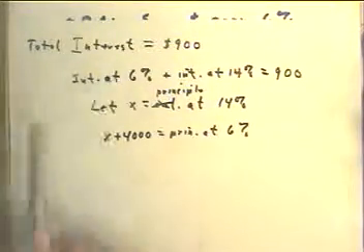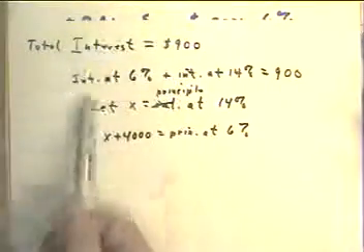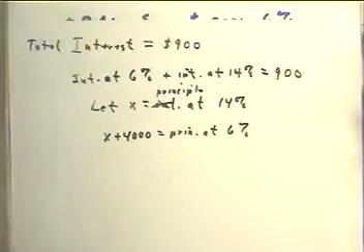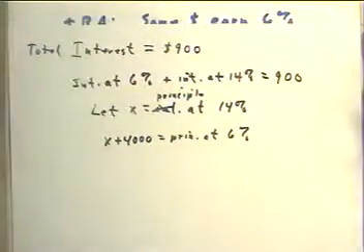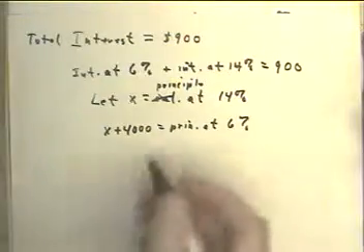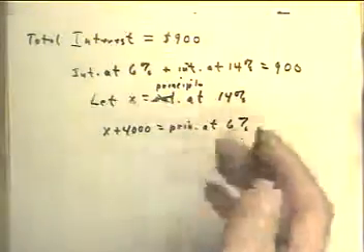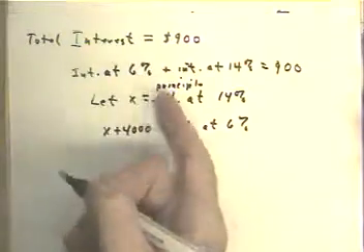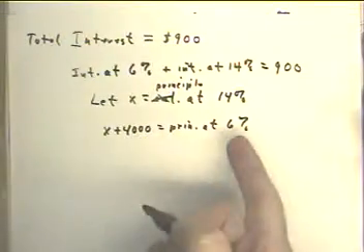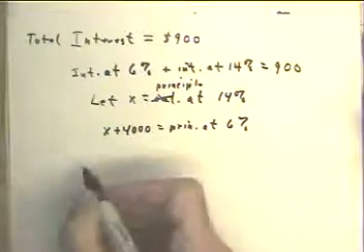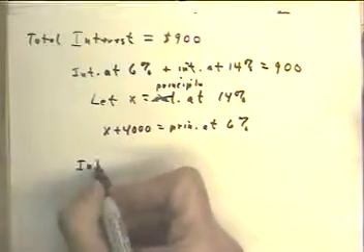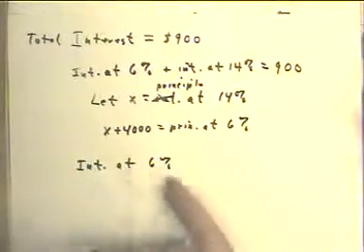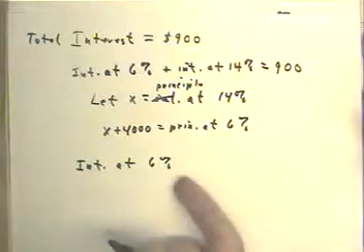Well, what is the interest at 6%? In terms of what we've got written here, how would you express the interest on the money that's invested at 6%? You should pause and think about that. What you get is you're investing principal X plus 4,000 at 6%. So your interest at 6% really means the interest on the principal that's invested at 6%.